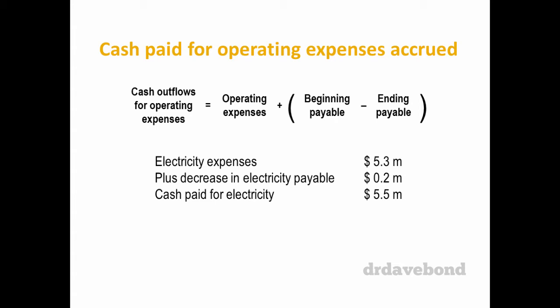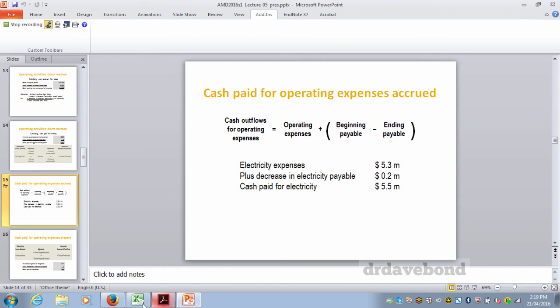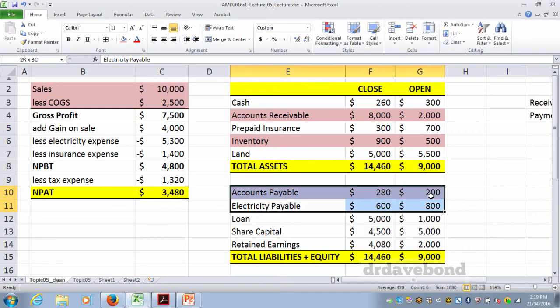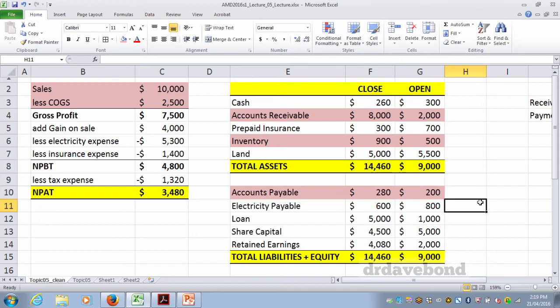So we look at electricity expenses, we look at the electricity payable. So electricity payable has gone from 800 to 600. It's the same change as what is in the slide. So if we do electricity payable has gone from 800 down to 200. 800 to 200.